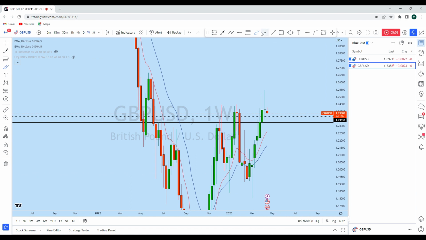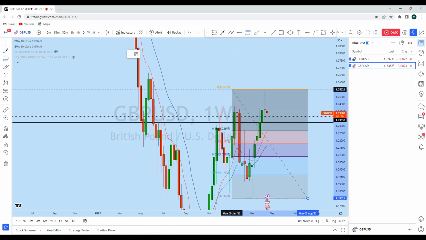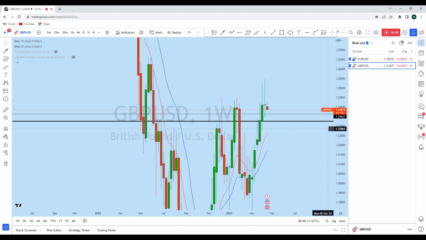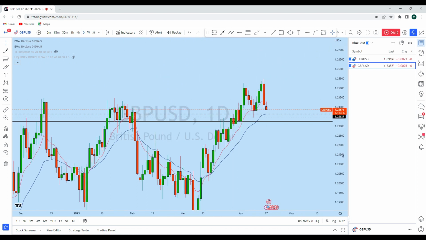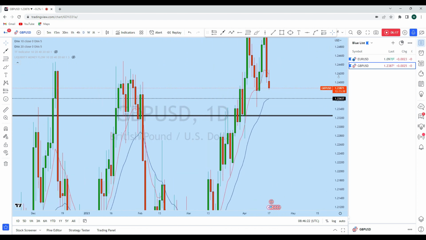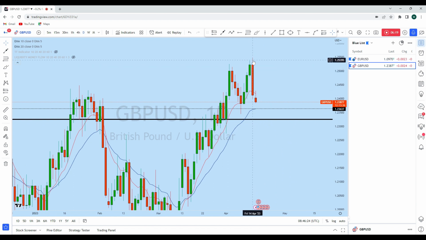At the same time, if we place our Fibonacci for this weekly move, we can expect further drop. As we see, the price still did not reach the 38.2% Fibonacci level, so we can expect from the Fibonacci perspective, further rejection to the downside. Now, if we look at daily, we see that GBP currently there's a long bearish engulfer, and we saw there's a weekly daily opening with a gap.